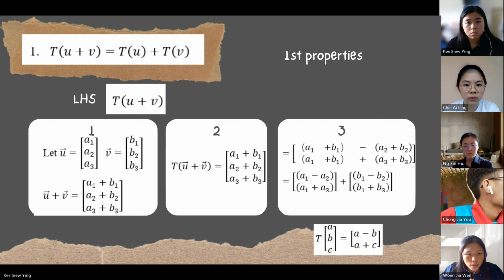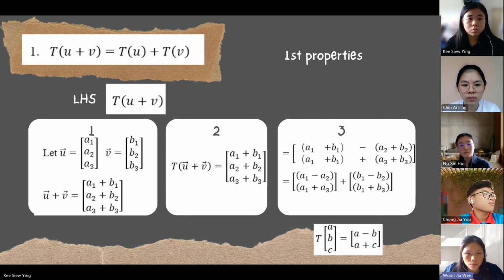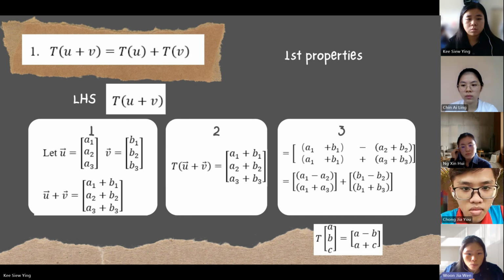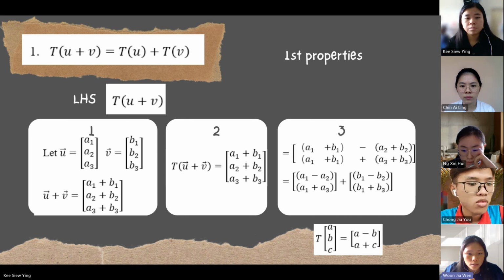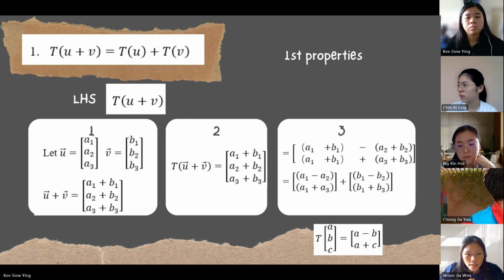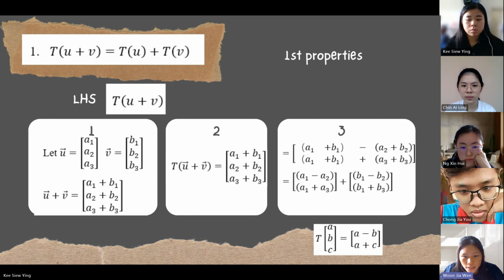In property 1, which is T(U plus V) equals T(U) plus T(V), I show the left hand side first. I let U equal A1, A2, A3, and V equal B1, B2, B3. On the left hand side, T(U plus V), we get the expression in step 1. Step 2 is like this, and next, step 3, I make it become the property like I given just now.